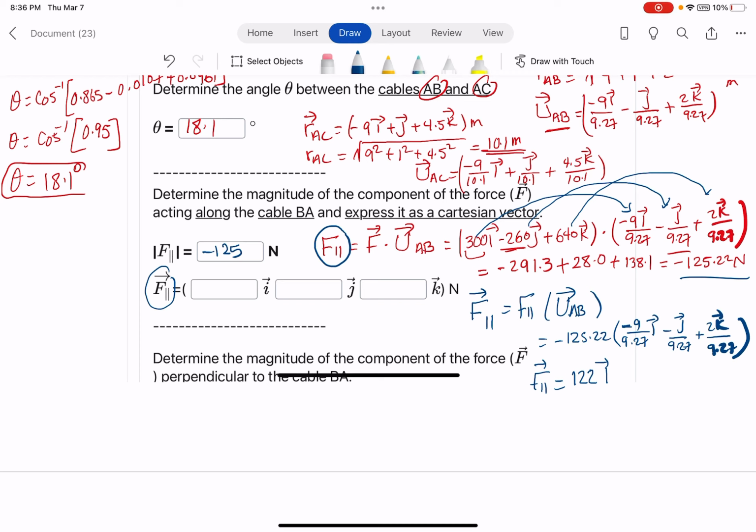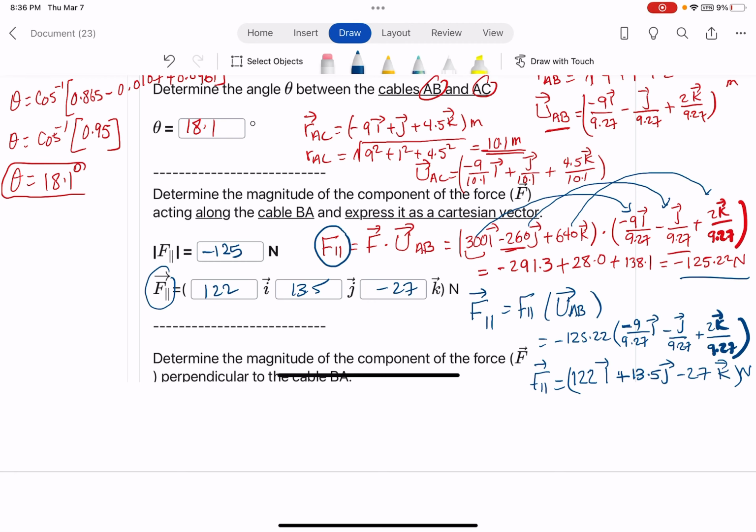And then minus times minus 125.22, that's going to be another plus, divided by 9.27, and that's going to give you 13.5J, and then 2 times 125.22, and that is a minus, over 9.27, and that's going to be minus 27K. And that is the force in newtons. So you could put 122, 13.5, minus 27.